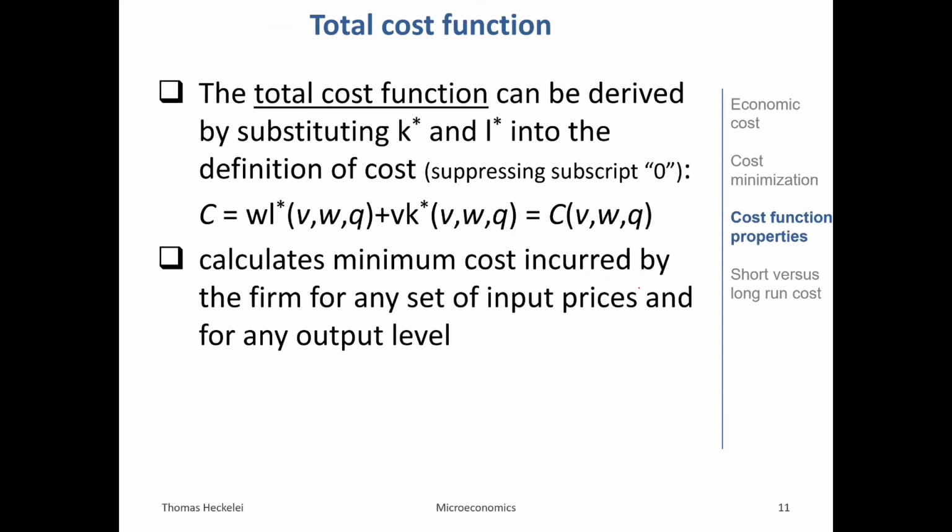After having solved for L star and K star, the contingent input demand, we can plug it back into the definition of the total cost again. And what we have at the end is a function of the prices of the inputs and Q. That is called the cost function, which is the counterpart of the expenditure function before.